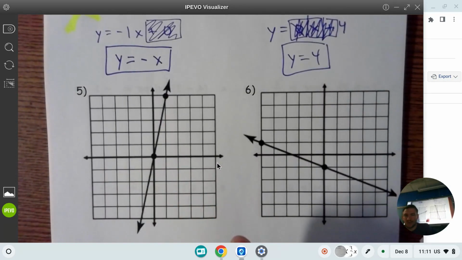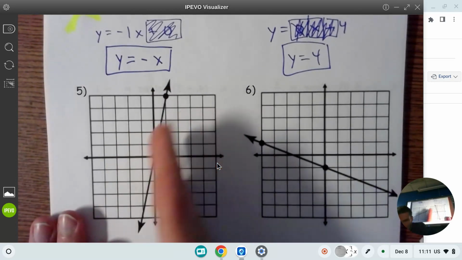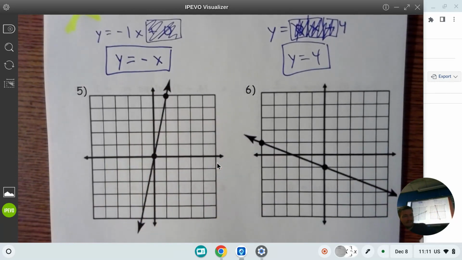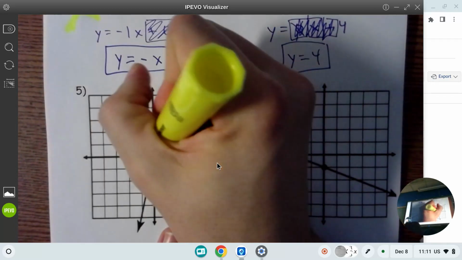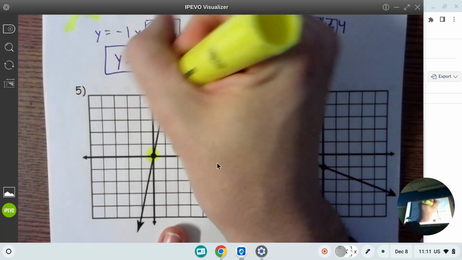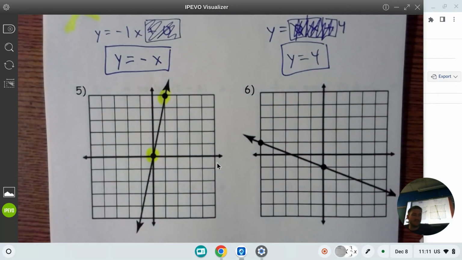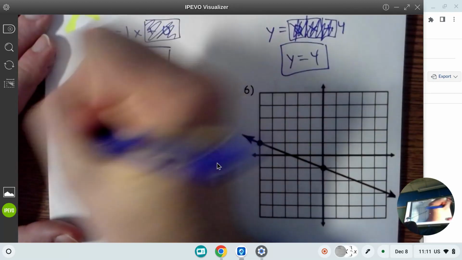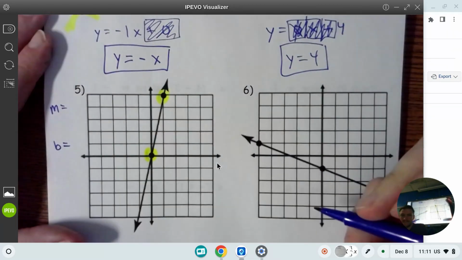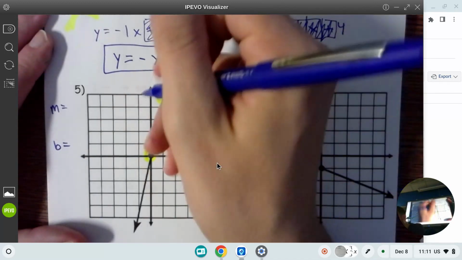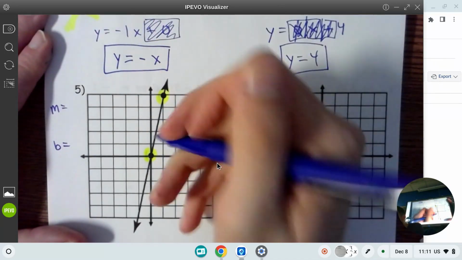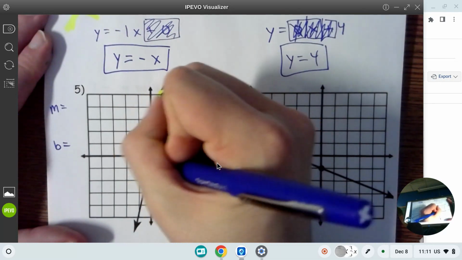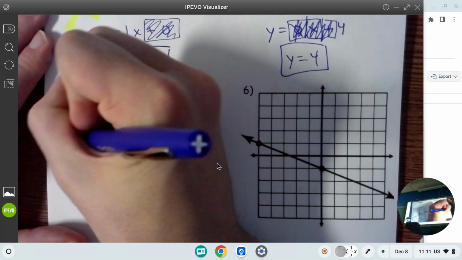I show up to a crime scene. I've got to look around and see what I can find. I can find 2 coordinates here, and what I'm going to want to do is figure out from these 2 coordinates what is my m and what is my b. The b value is my y-intercept, which is along the y-axis, which is right here. This is the b value, and that's going to be the number 0.